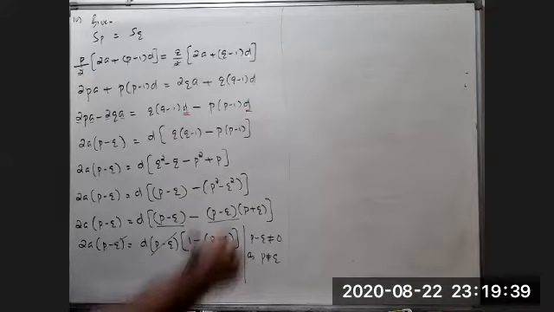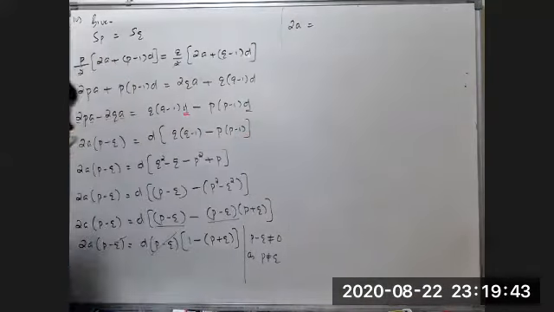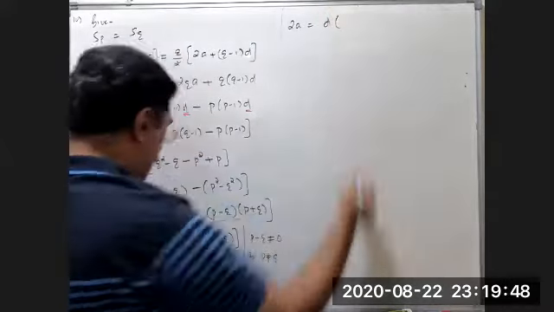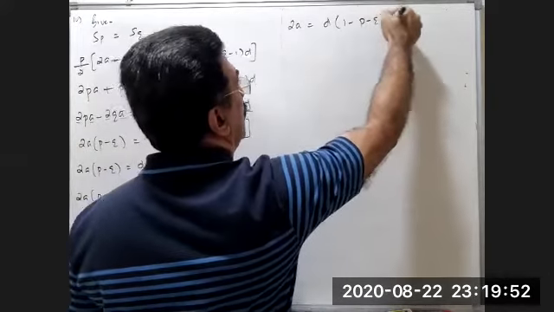What is left out? 2A is equal to D into opening bracket 1 minus P minus Q.